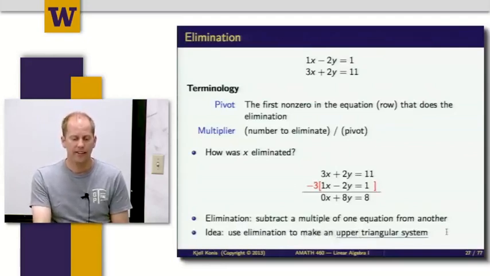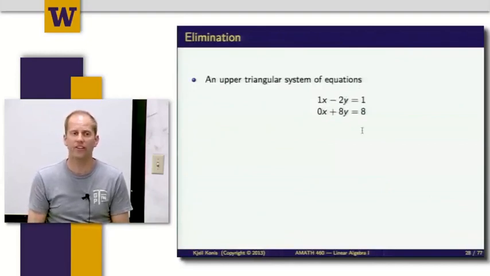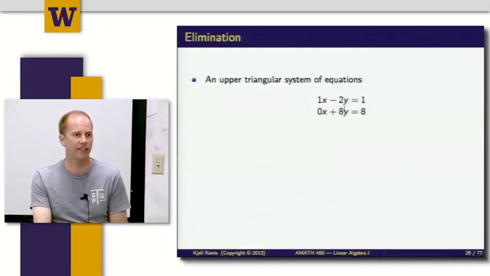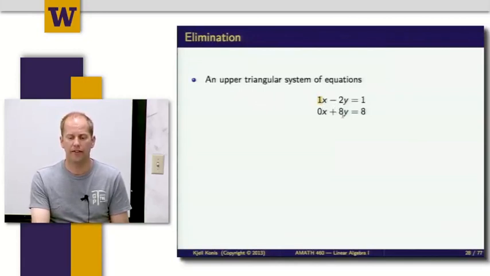And the idea is to use elimination to create something called an upper triangular system. For a 2x2 system, we achieve that after just doing one elimination. Upper triangular system means that every coefficient below the diagonal is zero. Here you kind of have to imagine there's a matrix, where the row is equal to the column, that's my diagonal.